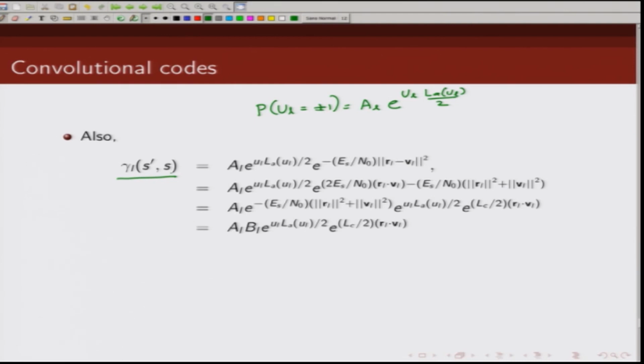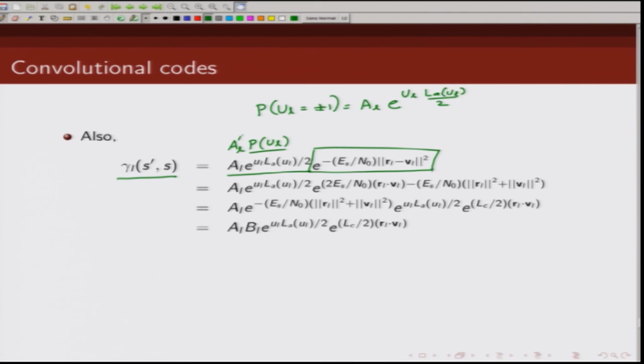Now, if you recall, we had written the expression for the branch matrix as the a priori probability of u_l, and then for the AWGN channel we had this expression, and of course there was some constant factor which did not depend on u_l. What we did just now was derive that this a priori probability can be written in this particular fashion. Now, let us further simplify the expression for the branch matrix.